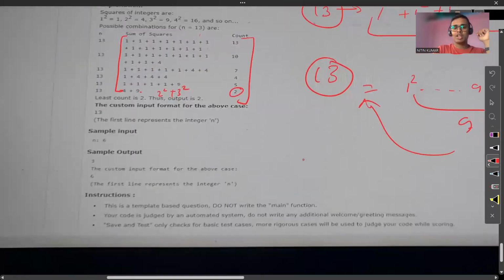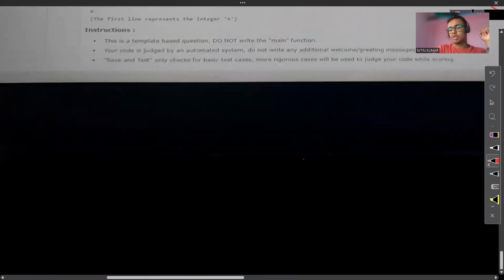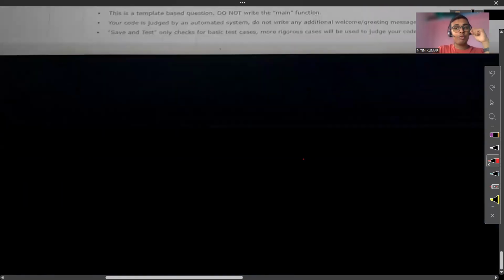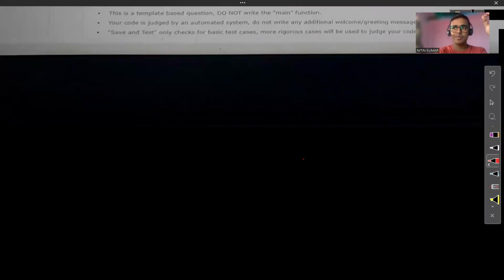Okay. So now let's try to solve this problem. Here, as I told you, I have to first go through all the possible ways and then compare the counts of all the possible ways and return the minimum possible count. Whenever we have to go through all the possible ways, there is a concept which is required, which is recursion.